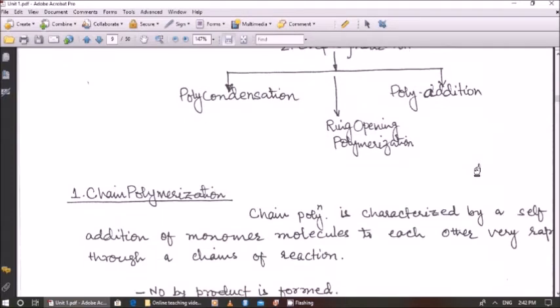In addition polymerization, there is no condensation or removal of low molecular weight compounds, as in polycondensation. All the molecules reacting in the polyaddition reaction will form only polymer. No byproduct will be formed.